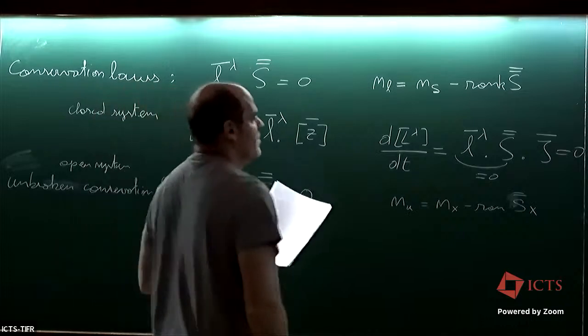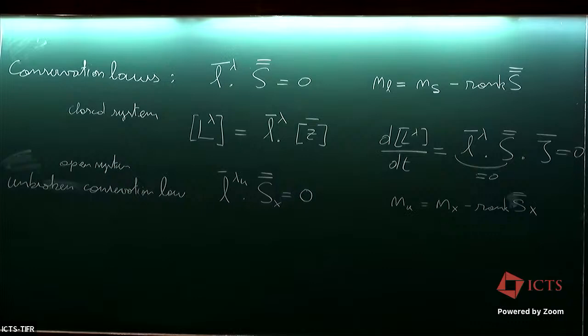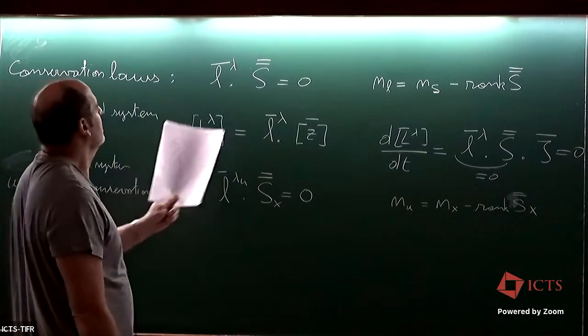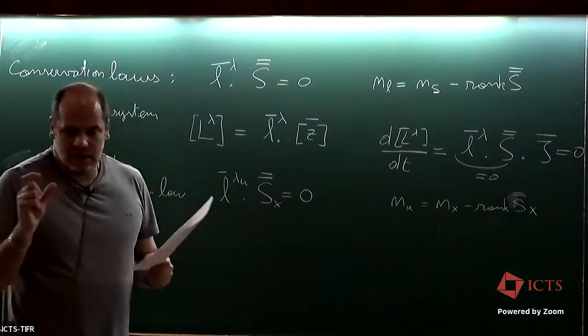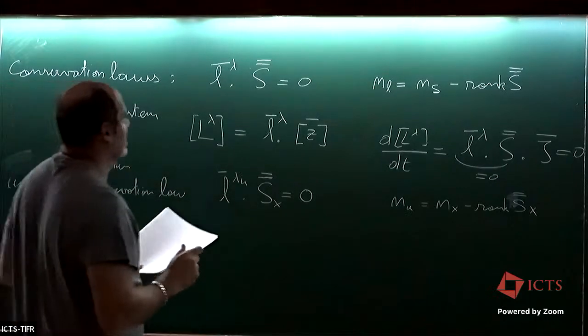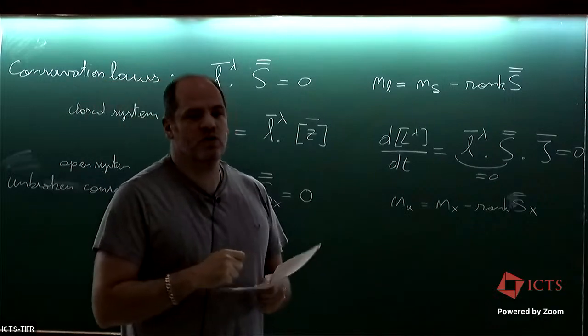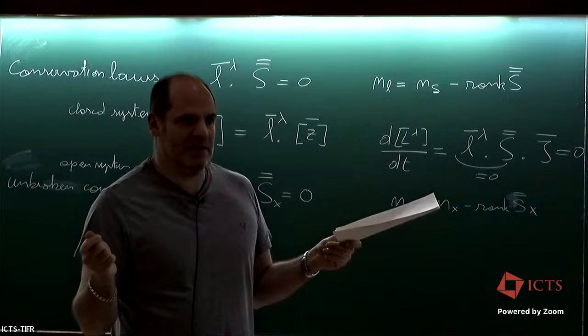And this is something that Francesco is going to also illustrate in the exercises. It's important, this is a physical thing. You don't see it mathematically. It's a physical statement. There is always a conservation law that corresponds to total mass in a closed system.